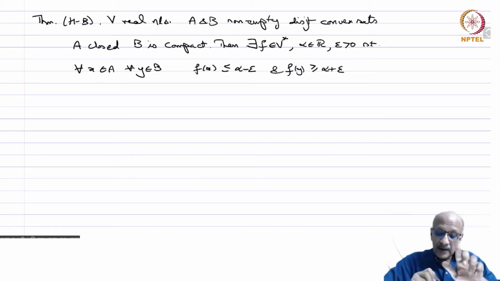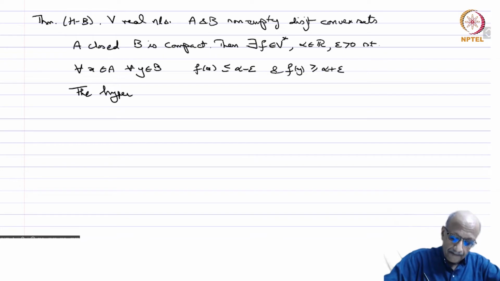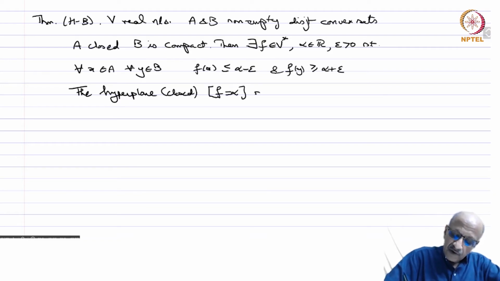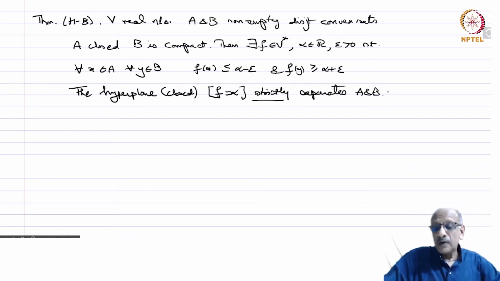So you see they are away from alpha on both sides, and therefore you say that the hyperplane, which is of course closed, the closed hyperplane f equal to alpha strictly separates A and B. So if both of them are closed and one of them is compact, then you can achieve this.